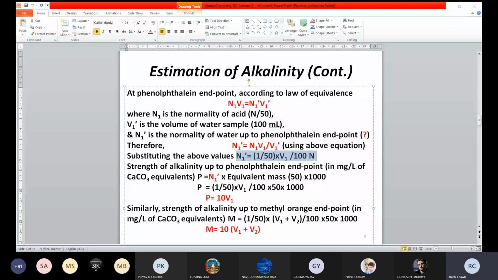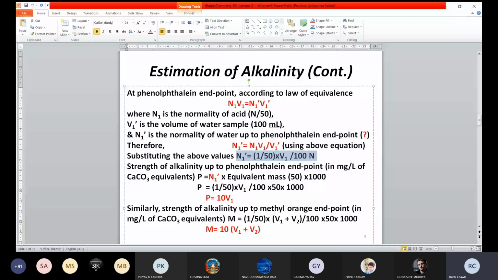Because normality is given by W upon E into V, and V has to be in liters. You remember the formula? So W, that is the mass of solute, upon volume of the solution is the strength. So normality is strength upon equivalent mass, or you can say strength is equal to normality into equivalent mass. So this relationship has been used.